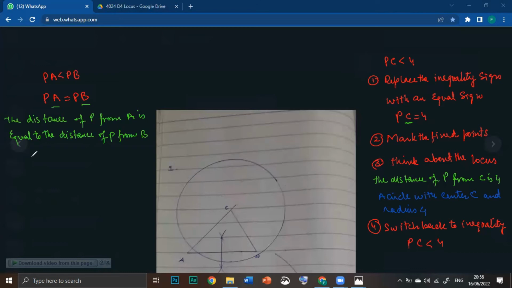Angle bisector is where the distance of P from AB and BC is equal, with B common. Now the distance of P from A and B is equal. P should be equidistant from A and B. Sir, perpendicular bisector. Yes, perpendicular bisector is the answer.